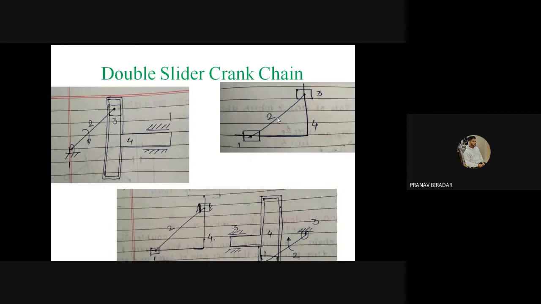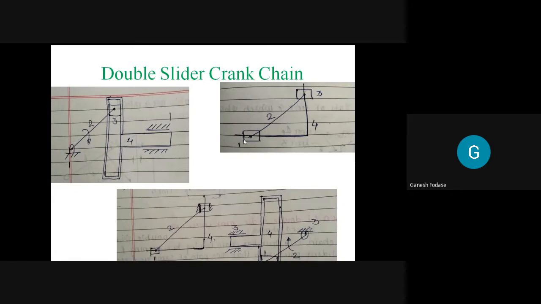So tell me, how many prismatic pairs are there in the double slider? Two prismatic pairs. Okay, so 2 prismatic pairs and 2 turning pairs. So here there are 4 links. Link number 1 is a slider. Link number 2 is a connecting link which connects this first slider with another slider called link number 3.